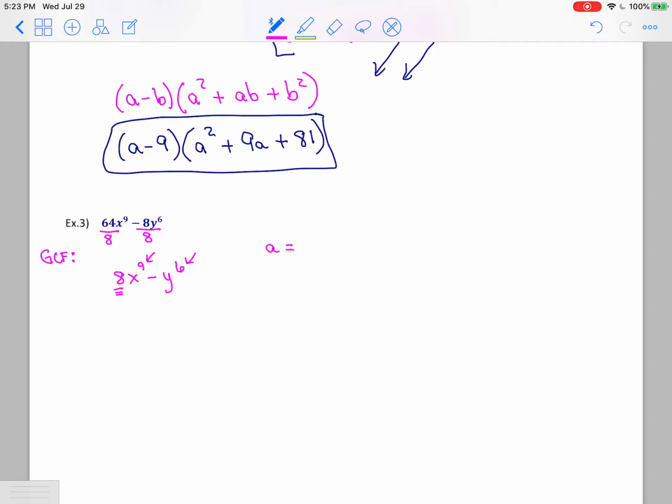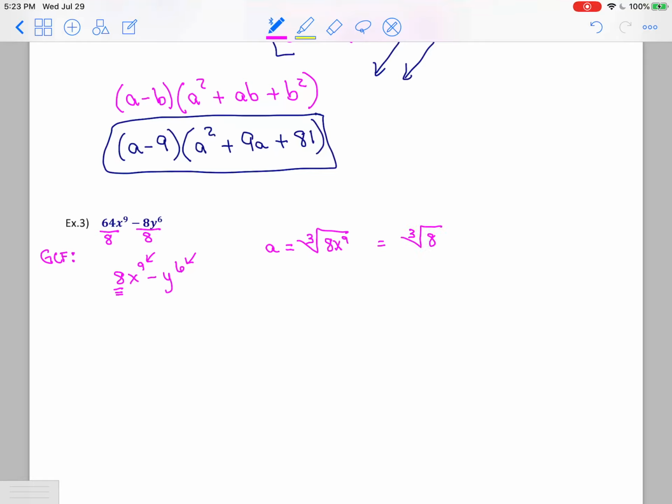Okay, so next on our list would be finding out what a is equal to. A is going to be the cube root of that first term, so 8x to the 9th. And I want to show you guys that really when we're doing this, if you find this easier, you can break it up: it's the cube root of the number part, the coefficient, times the cube root of the variable part.